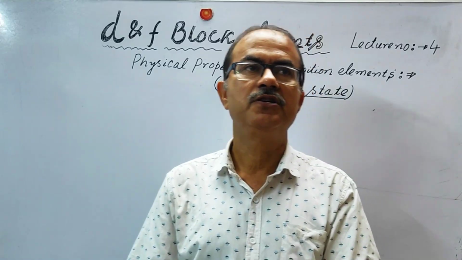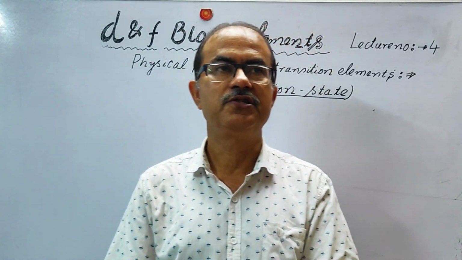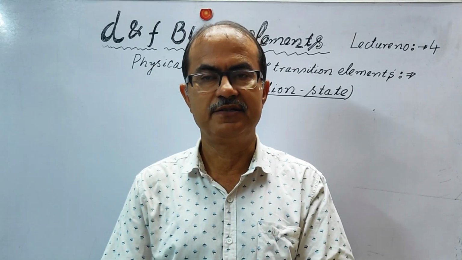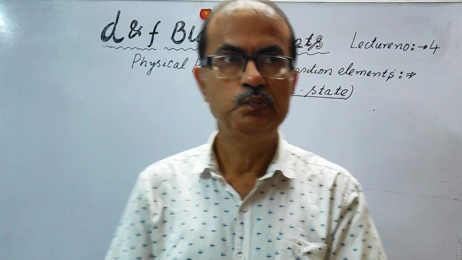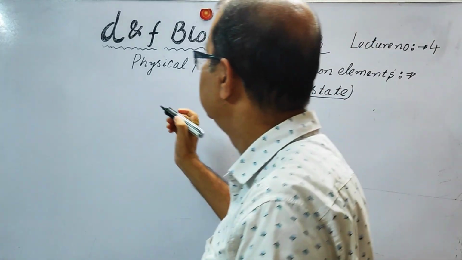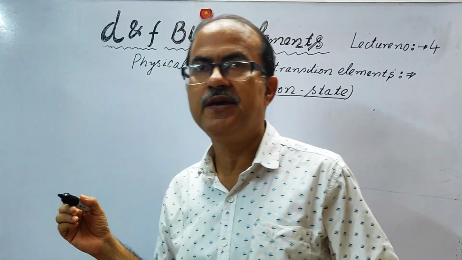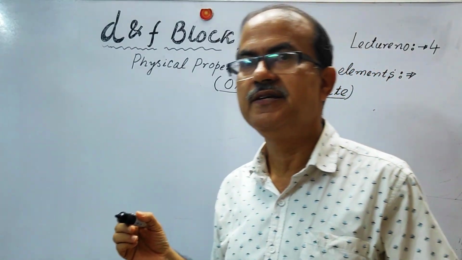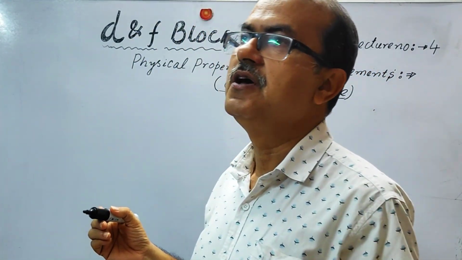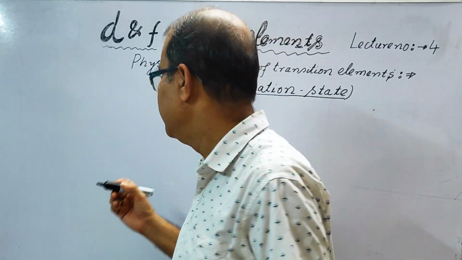Now, what are those oxidation states? Let us first understand. The oxidation states displayed by the transition elements range from +1 to +7.